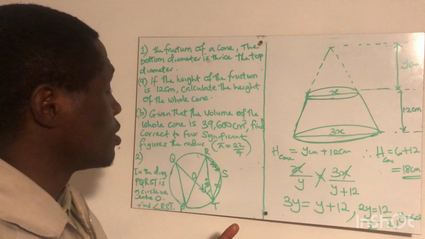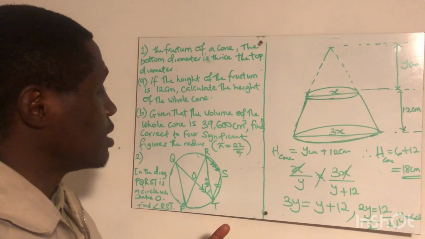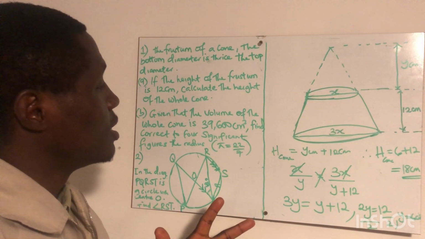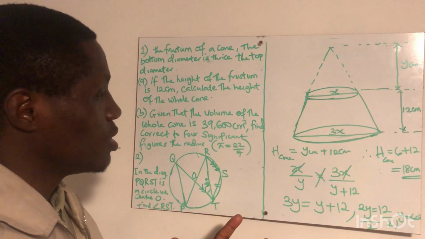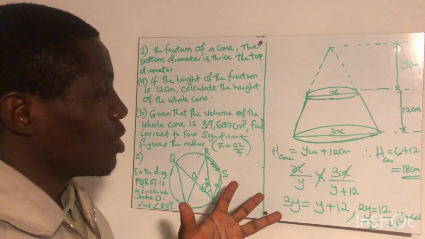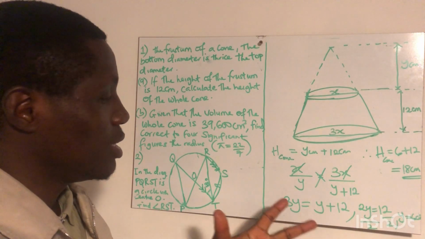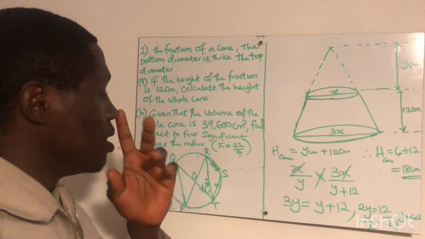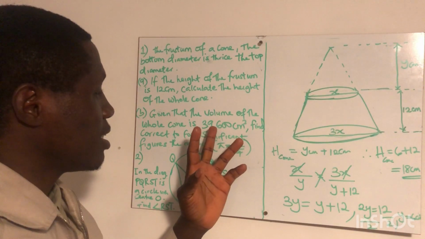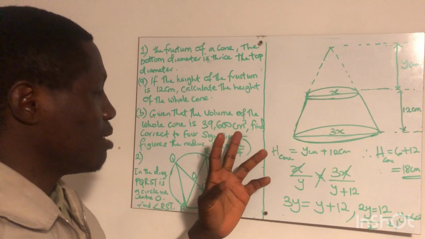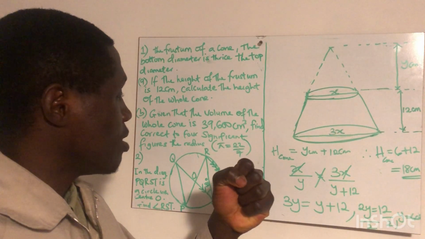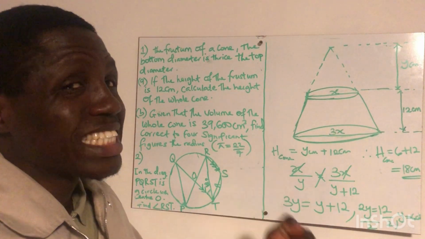We are asked to calculate the radius, and we are given a specific volume in order to get the radius of the whole cone. They didn't ask us to go by the other approach. We are told that the new volume is 39,600 centimeter cube, and we are asked to calculate the radius of that whole cone to 4 significant figure.